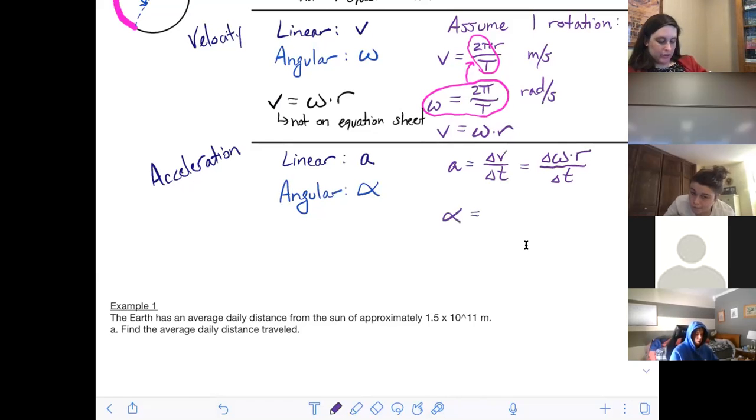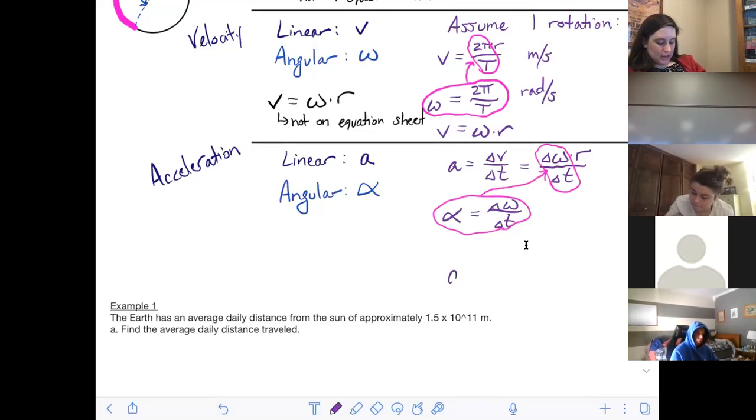Now, angular acceleration is defined as the change in angular velocity per change in time. And again, that definition can get substituted into our linear acceleration.